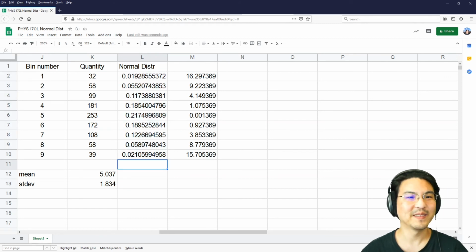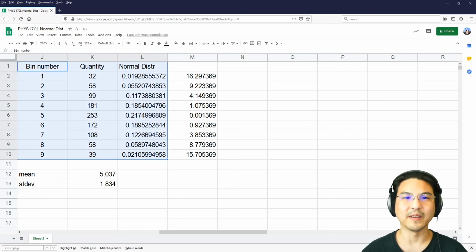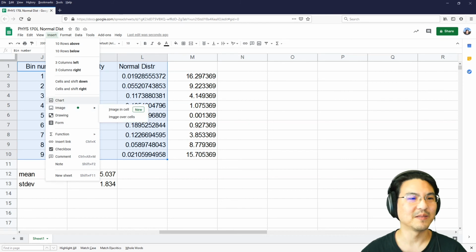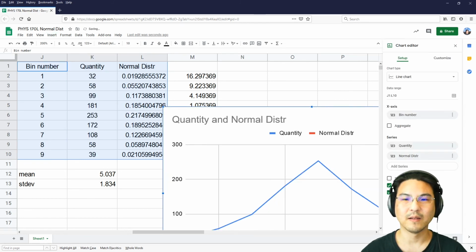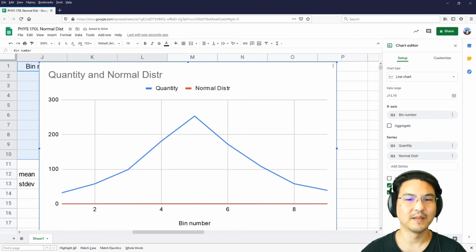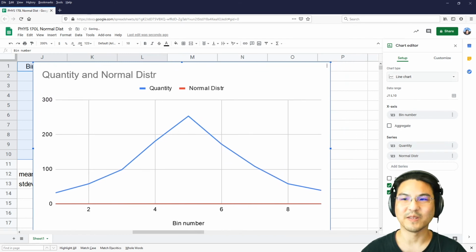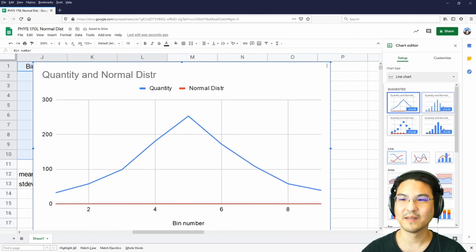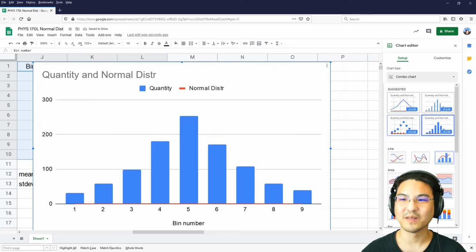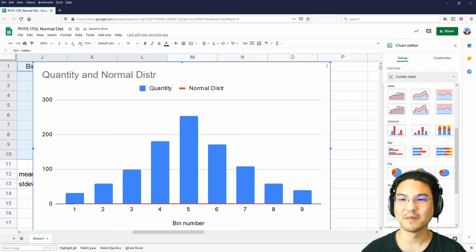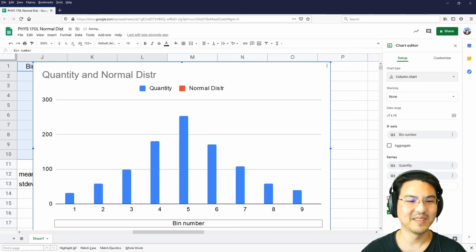Now let's graph it. So to graph it, I'm going to highlight these and then insert chart. Okay, and we could just have it like a bar chart. So now it's a little bit about what'll look nice.